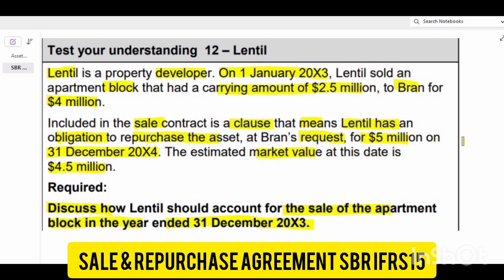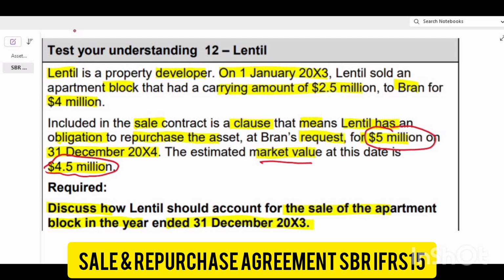Here we have the market price as well as the repurchase price. This is your market price, 4.5 million, and this is your repurchase price.